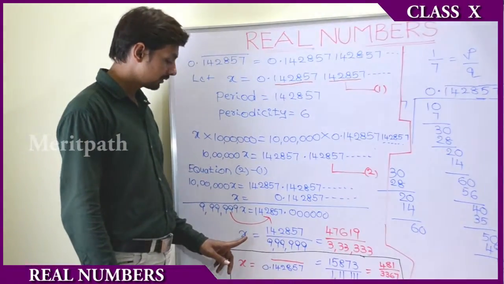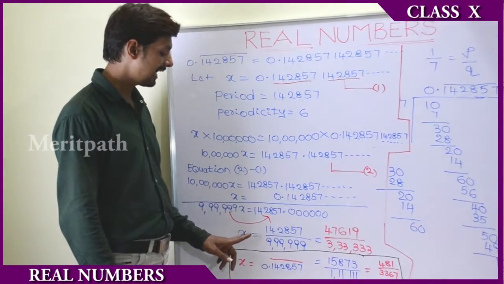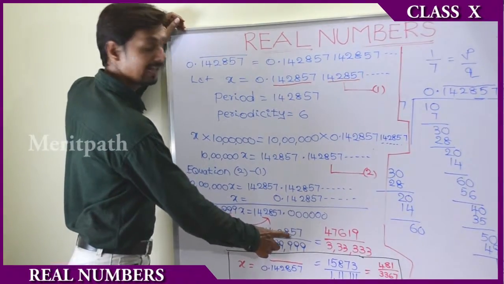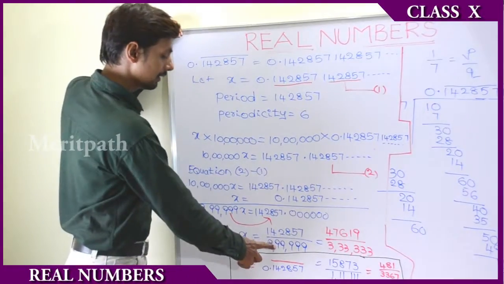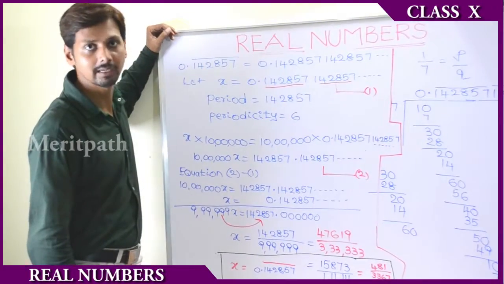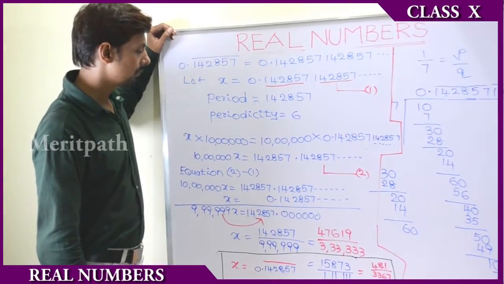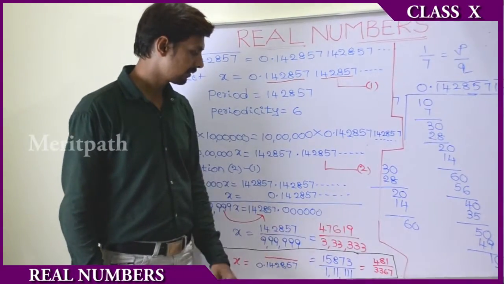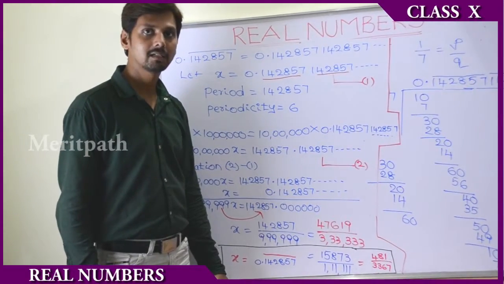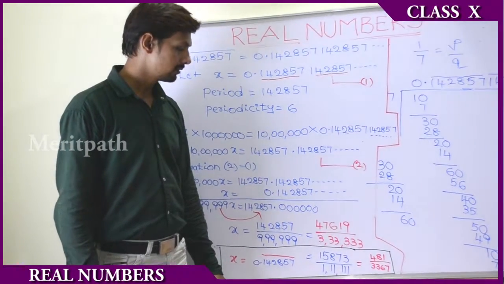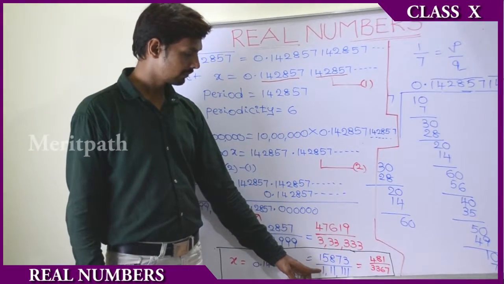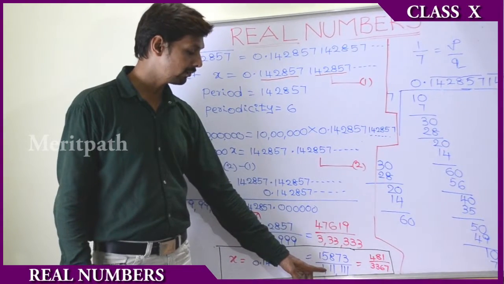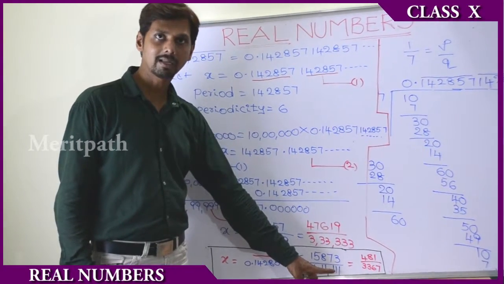So after transposition, we got here x is equals to 1,42,857 divided by 9,99,999. After simplification, we got here 47,619 divided by 3,33,333. Still we simplify: 15,873 divided by 1,11,111.